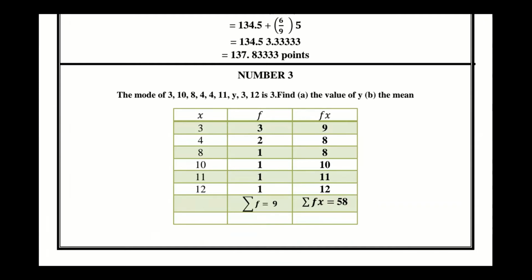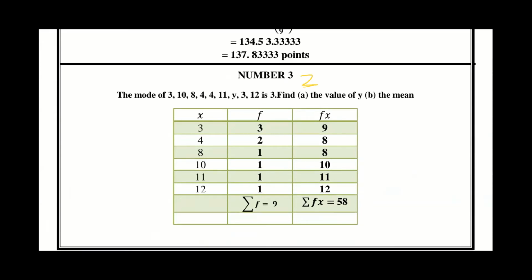Yes, number 33. The question says, the mode of 3, 10, 8, 4, 4, 11, 1, 3, and 12 is 3. Find the value of y. As you all know, the first thing given in the question is the mode. Mode is the number with the highest frequency in the items given.